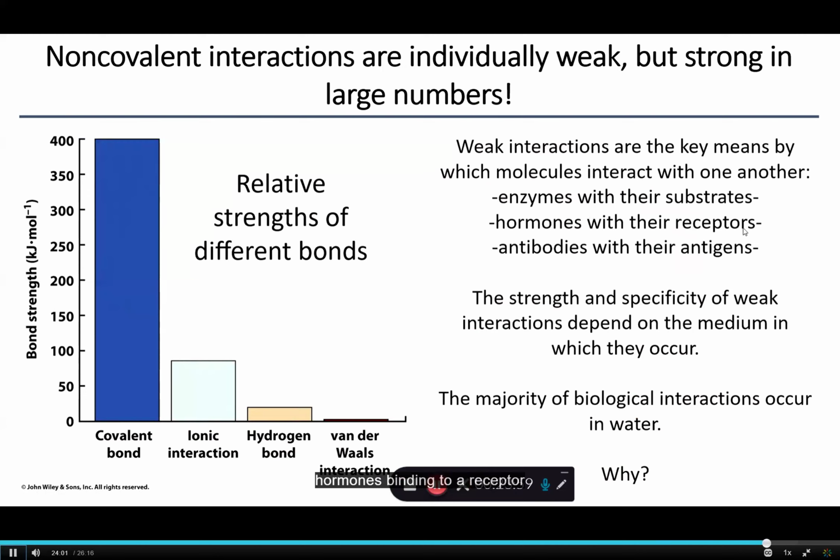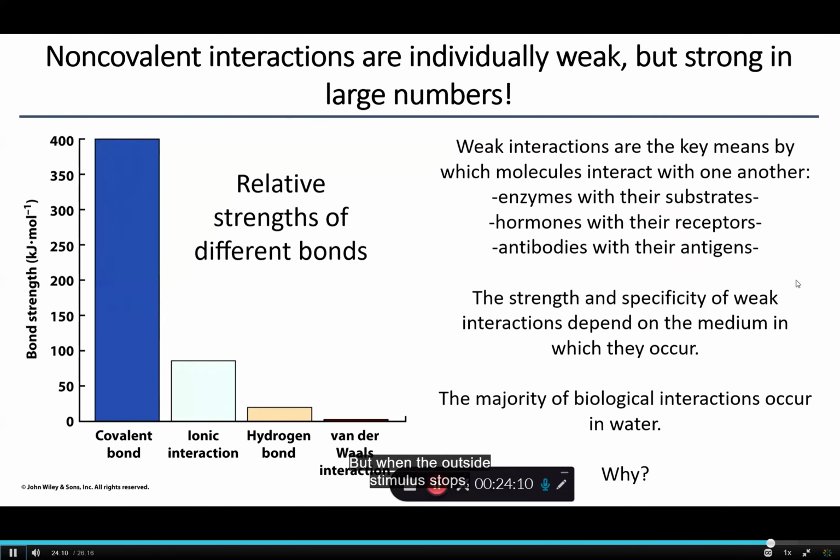Hormones binding to a receptor should not remain that way forever. When a hormone binds a receptor, there's a signal inside the cell and a reaction to some sort of outside stimulus. But when that outside stimulus stops, we want to be able to stop the cellular response. And so a hormone has to detach from its receptor as easily as it can bind to its receptor.